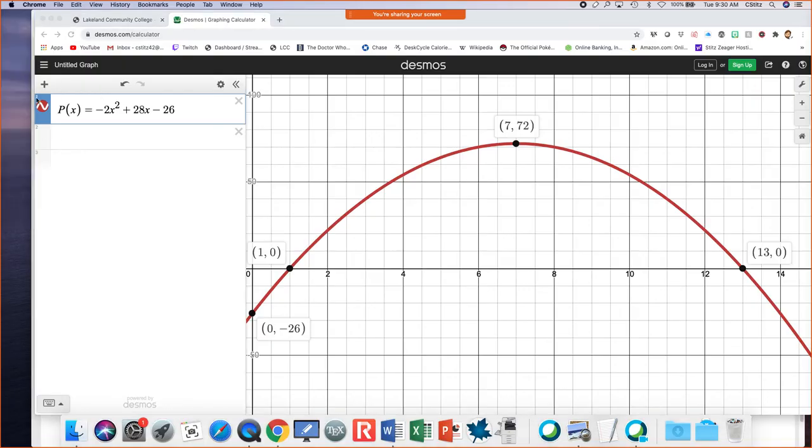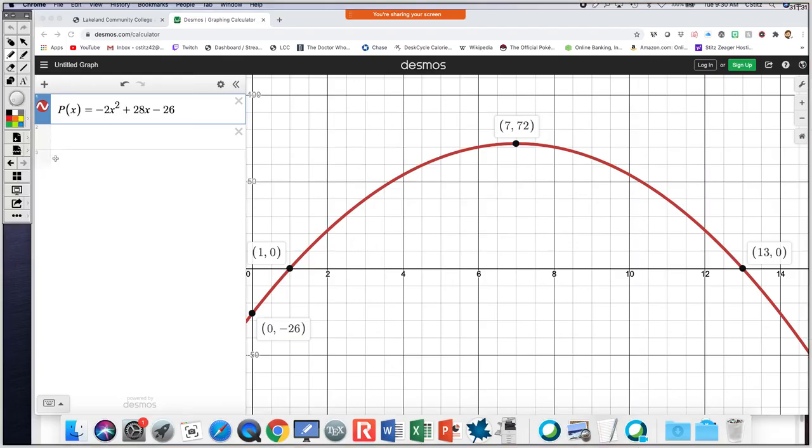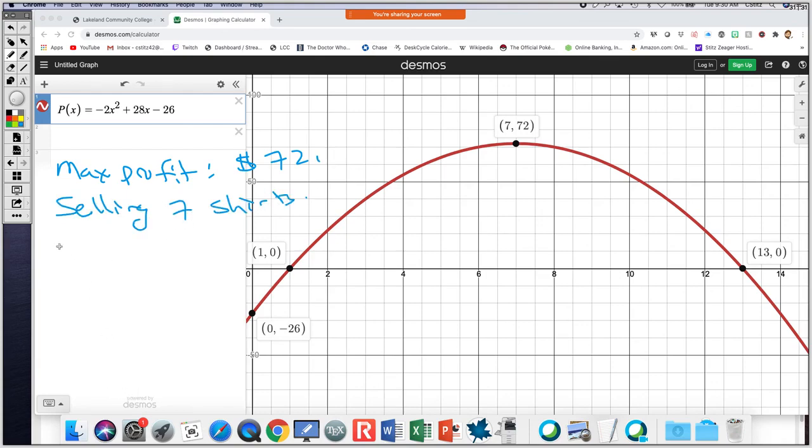So maximum profit is $72 when we're selling 7 shirts. What price should we charge to sell 7 shirts?